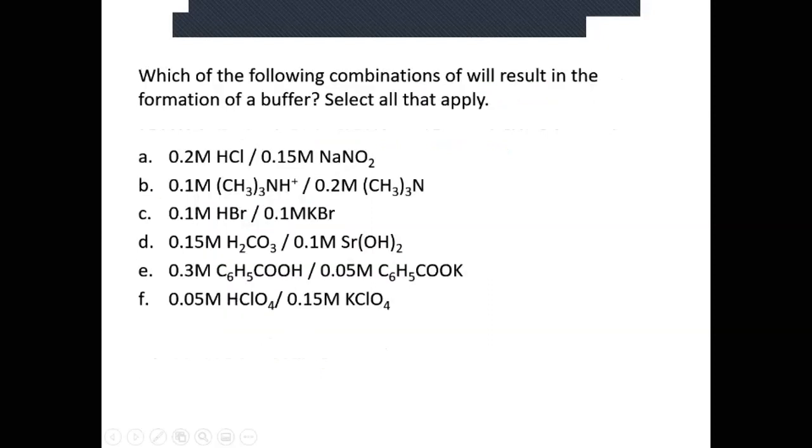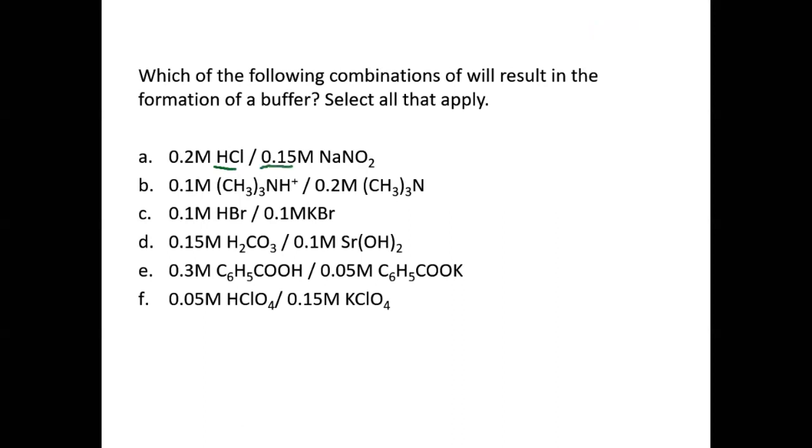So now we want to see which one of these can be a buffer, and we give different concentrations. So let's take a look at this. We have 0.2 molar HCl and 0.15 molar sodium nitrite. But since the concentration of strong acid is greater than the concentration of weak base, this would not be a buffer.